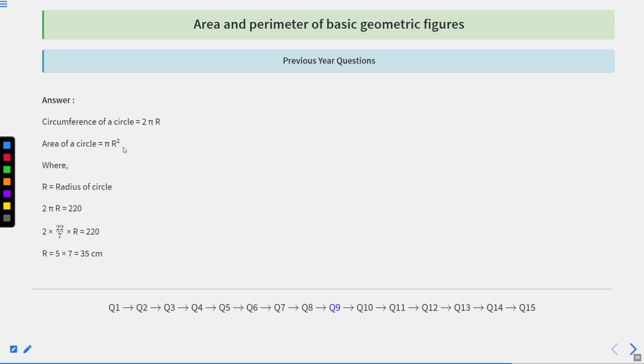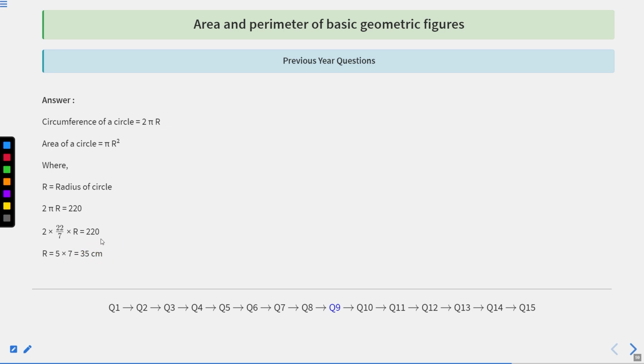The formula of the circumference is 2 pi r. That means 2 pi r equals 220. If I substitute the value of pi, r can be easily obtained and r will be 35 centimeter.